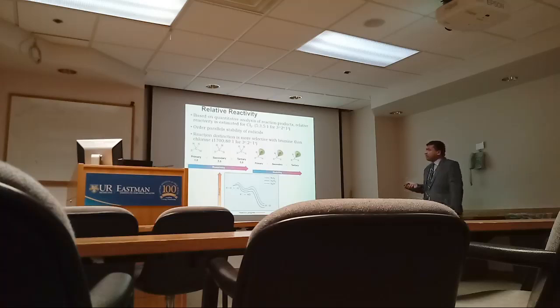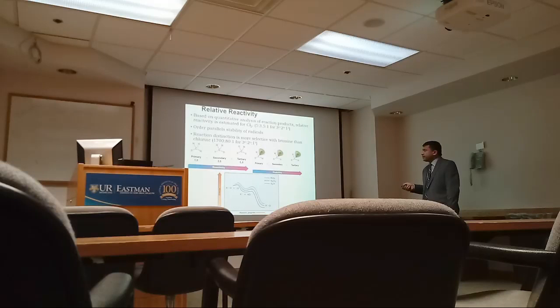What does that mean? You have this molecule with only 1 radical group. You have this molecule with 2 radical groups. You have this molecule here with 3 radical groups, right? So this carbon is called primary carbon with respect to the radical, this carbon is called secondary carbon, and this carbon is called tertiary carbon.